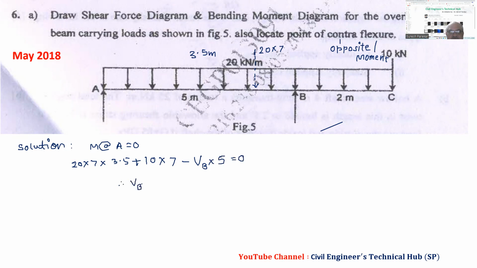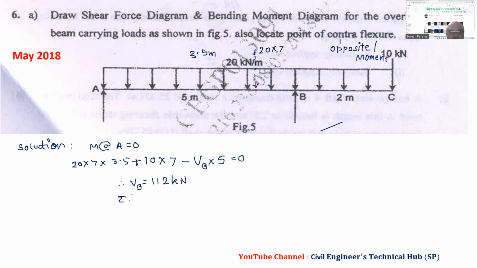From this we will get value of VB, that is equal to 20 into 7 into 3.5 plus 70 divided by 5. So it is 112 kilonewton. So value of VB is 112 kilonewton.